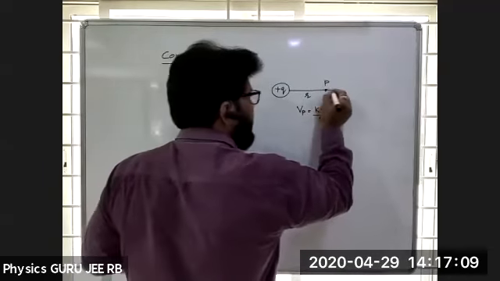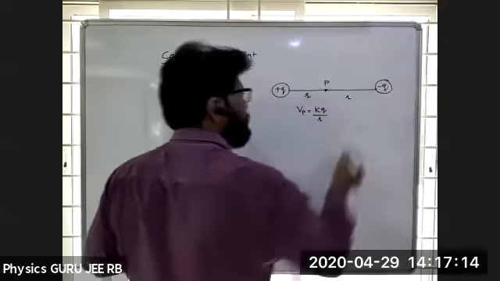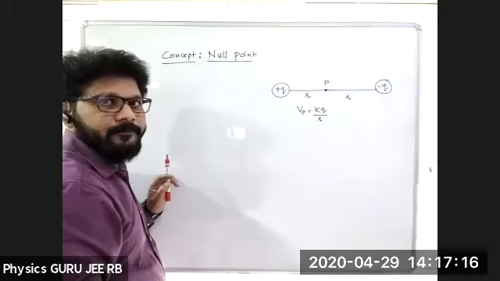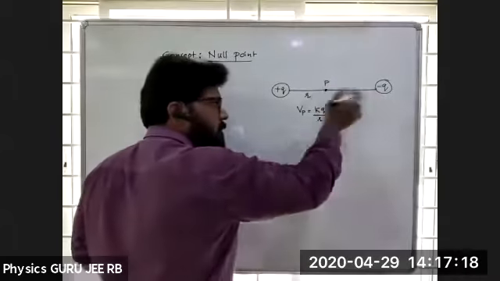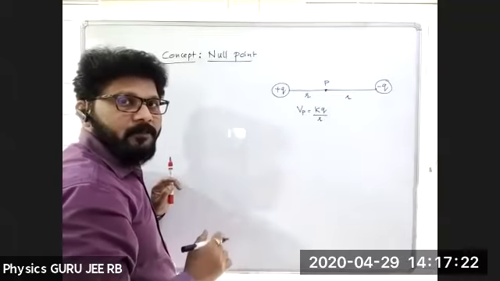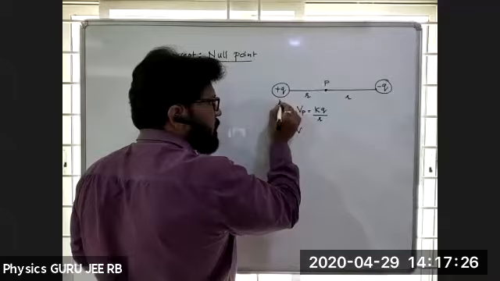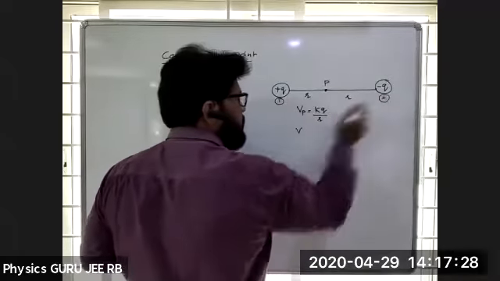For example, at the same distance, I'll keep a negative charge here. Due to this, at this particular point P, what is the potential again? Let us take this as the first charge and this as the second charge.